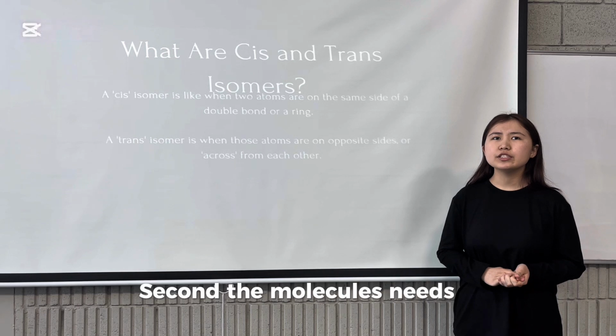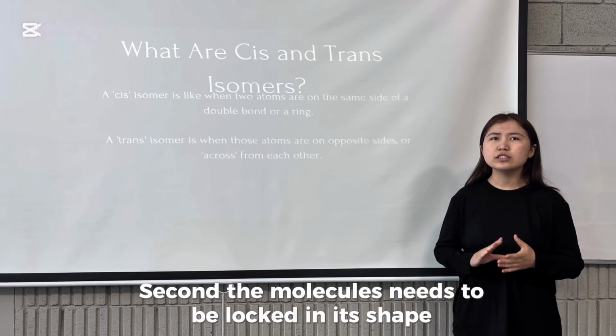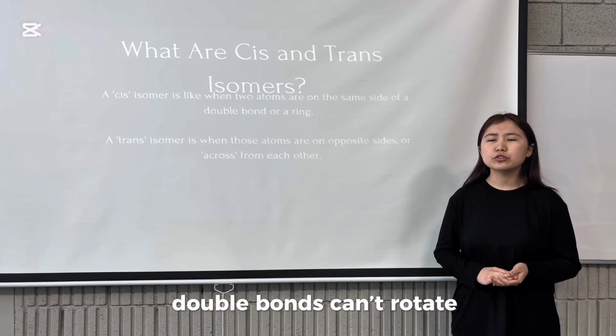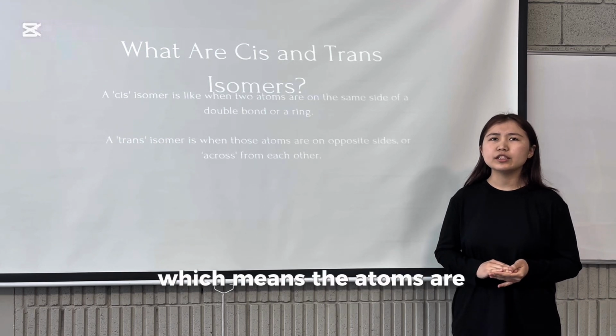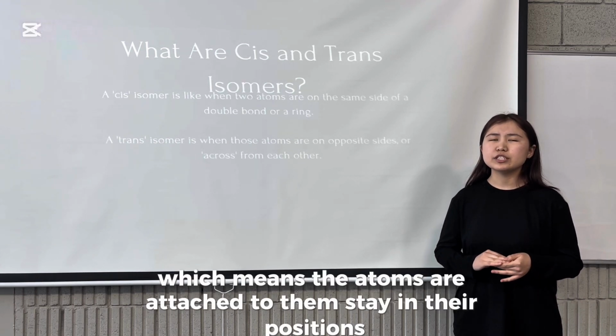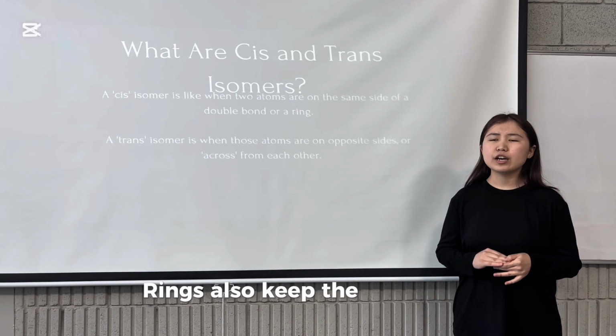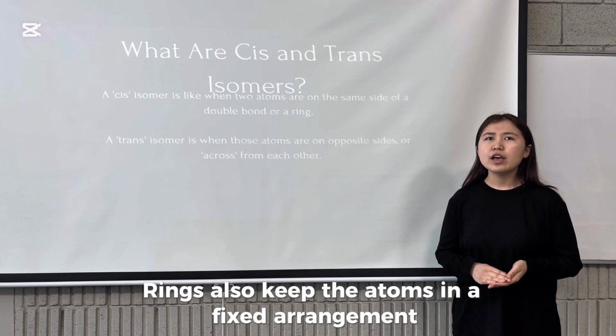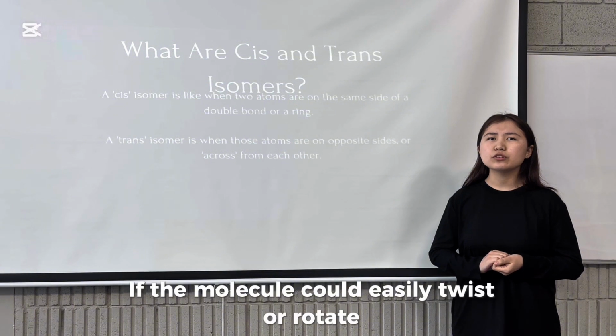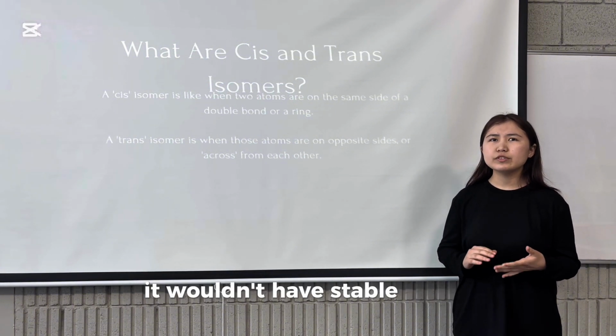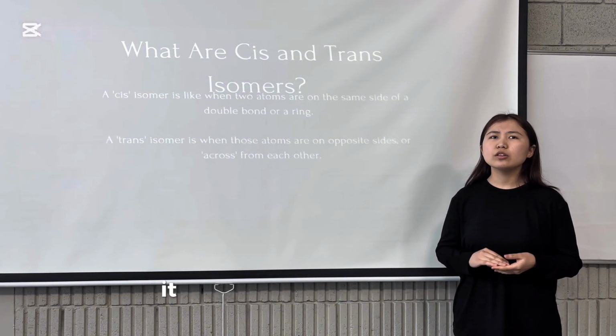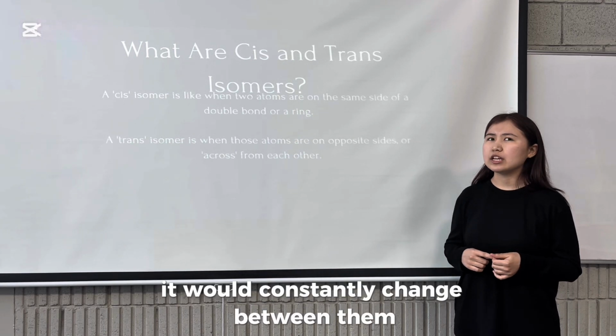Second, the molecules need to be locked in this shape. Double bonds can't rotate, which means the atoms attached to them stay in their positions. Rings also keep the atoms in a fixed arrangement. If the molecule could easily twist or rotate, it wouldn't have stable cis or trans forms. It would constantly change between them.